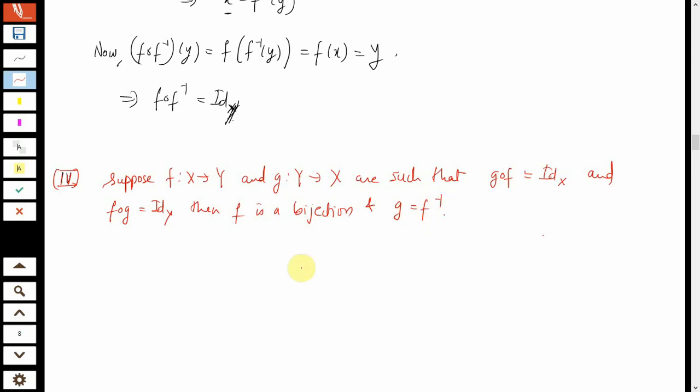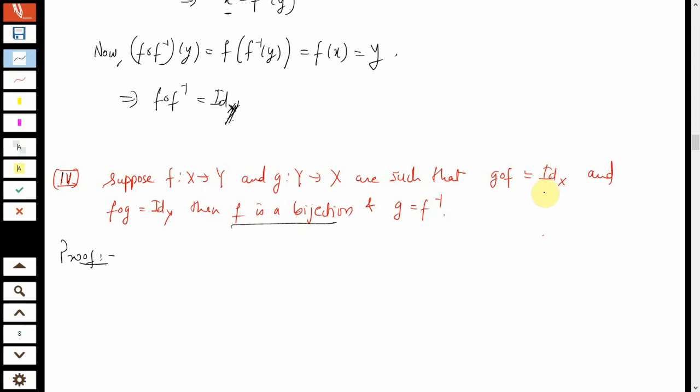So we try to get the proof for this in this way. The idea of proving first that f is a bijection is simply through one of the previous properties of composition. We know that the identity function is one-one as well as onto, so it is a bijection.